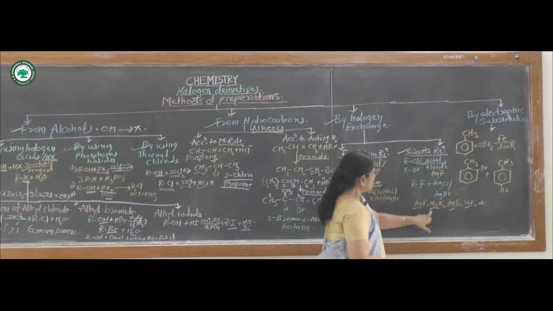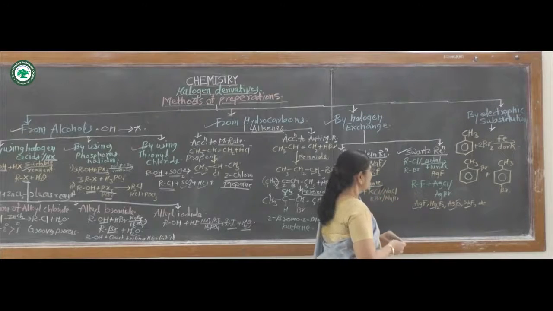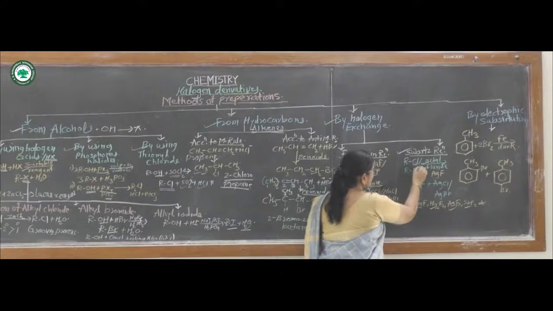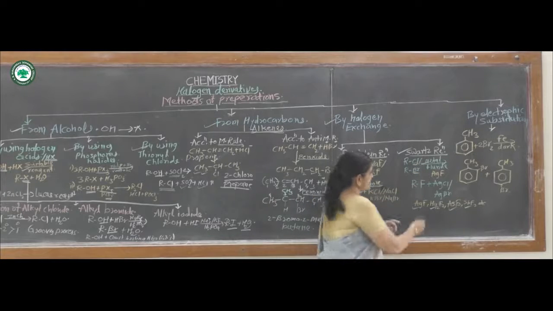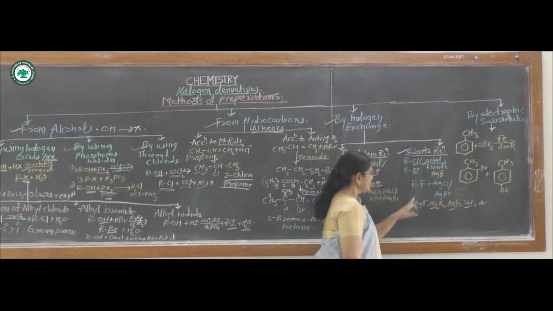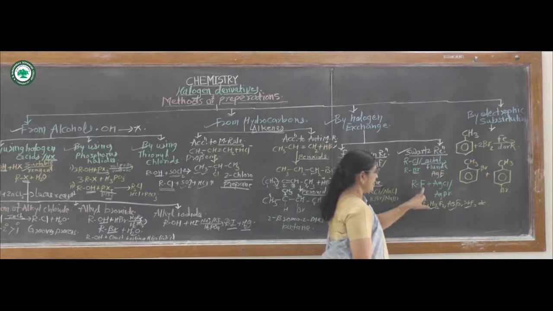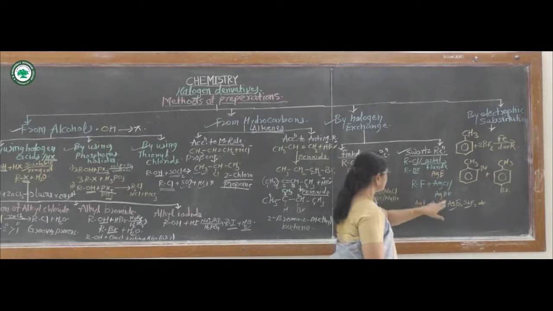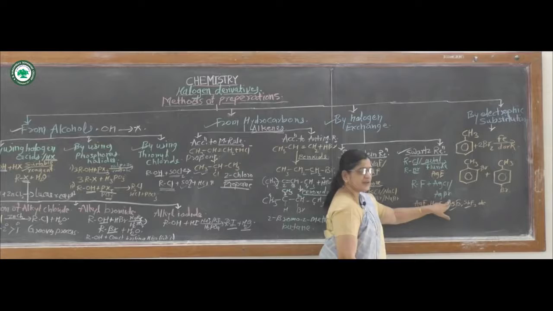If such a metal fluoride reacts with alkyl chloride or alkyl bromide, then the chlorine or bromine gets replaced by fluorine, and it gives RF, that means alkyl fluoride, plus a precipitate of silver chloride or silver bromide.